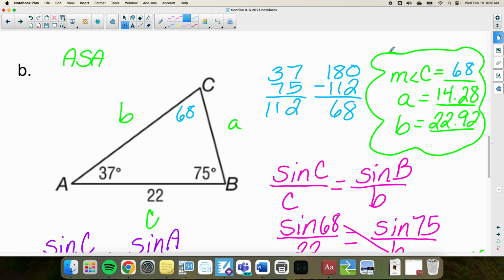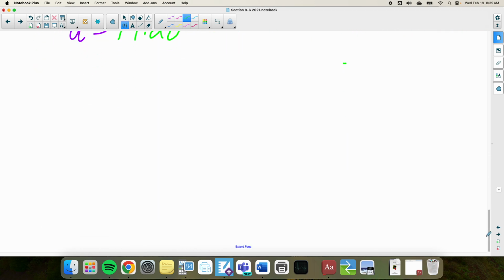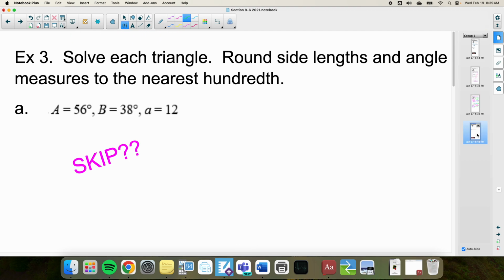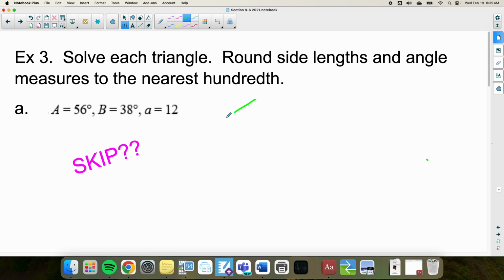Okay, now if we go to the next page, we are not going to actually do this one, I can just tell you. All you would do, if you need to, is set this up, and angle A is 56, angle B is 38.